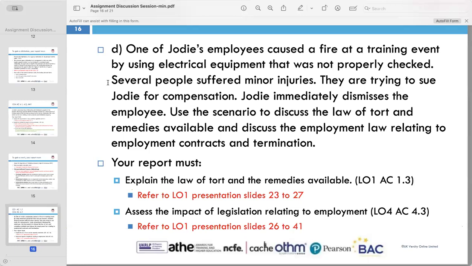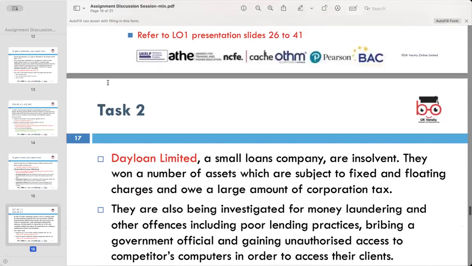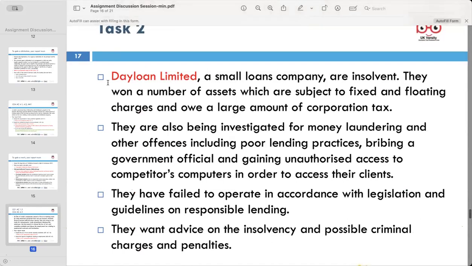You understand? Correct. So this is where we, as her advisor, would be able to say, look, we will ensure that these documentations, these checks were in place, and that the employees were properly competent and capable of doing this role.